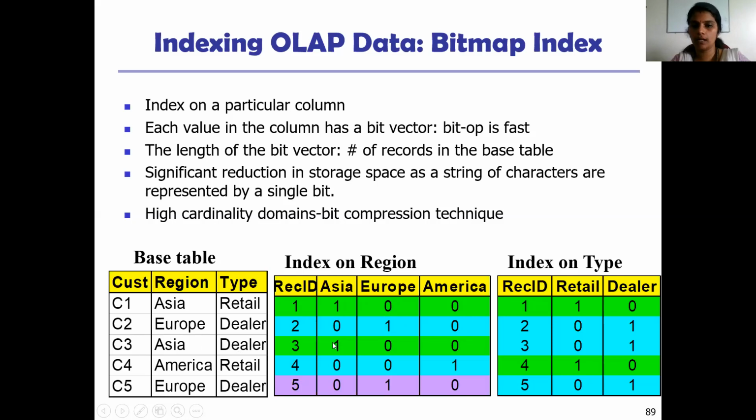So the bit representing Asia is set to 1 and the bits representing Europe and America are set to 0. For the second record, the region value is Europe, so the bits representing Asia and America are set to 0 and the bit representing Europe is set to 1. For record ID 3, the value for region is Asia, so the bit representing Asia is set to 1 and the bits representing Europe and America are set to 0. For the next record, the region value is America, so the bits representing Asia and Europe are set to 0 and the bit representing America is set to 1. This is how you define the index on region.